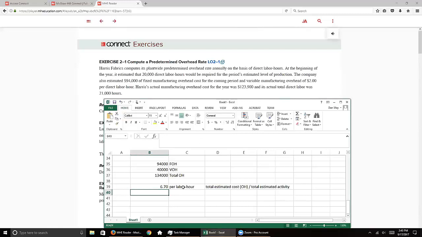And the good news is we always calculate our predetermined overhead rates this exact same way here. So even if it looks different or if we have to worry about fixed and variable separate or anything like that, at a fundamental level, we always need to say, what's my total estimated overhead cost and what's my total estimated activity? That's how I'm going to come up with my predetermined overhead rate. Every time, okay? Yes.